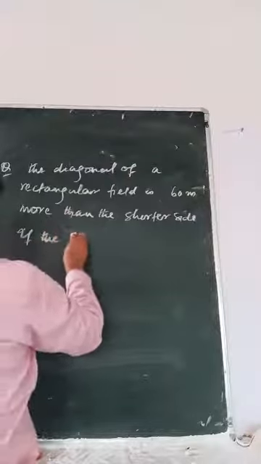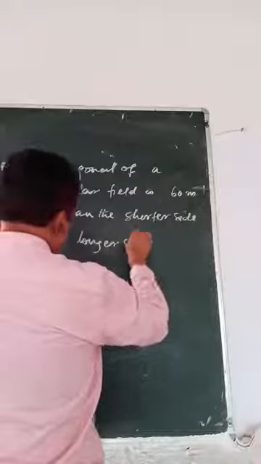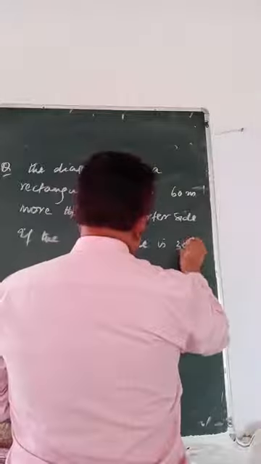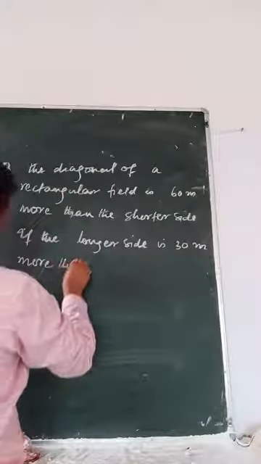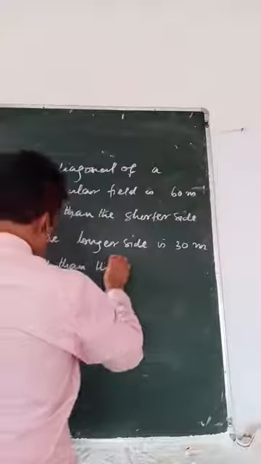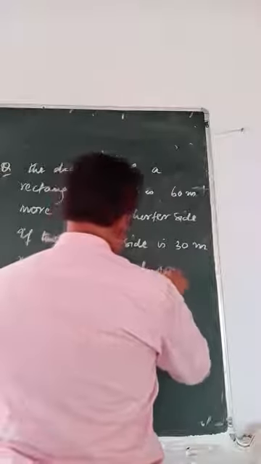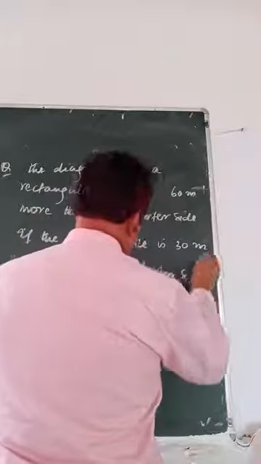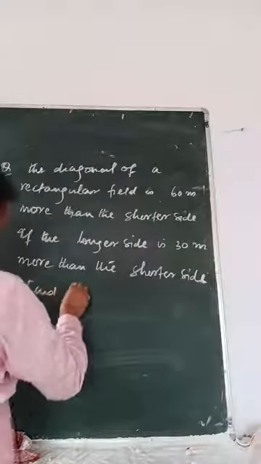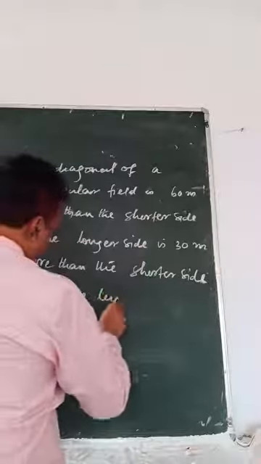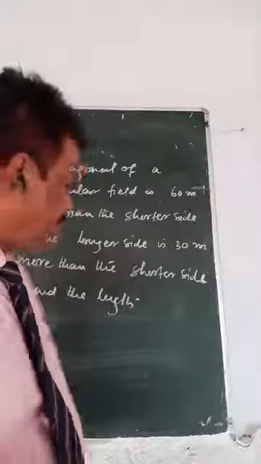If the longer side is 30 meters more than the shorter side, find the length and breadth of the rectangle.